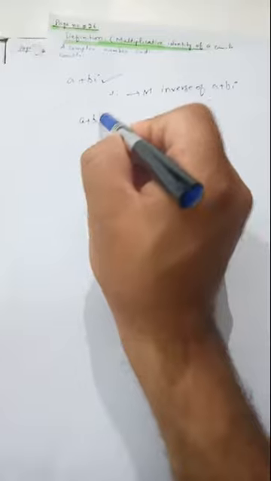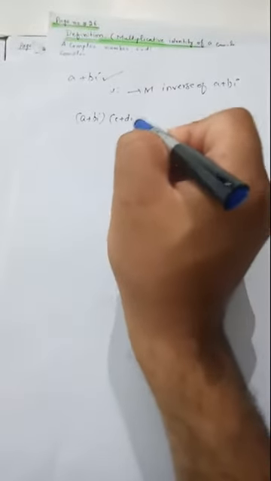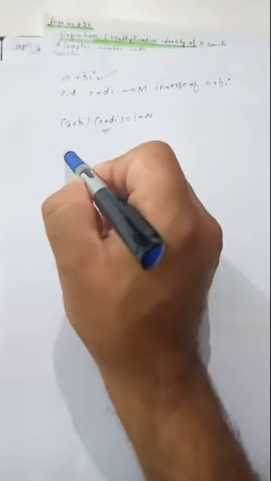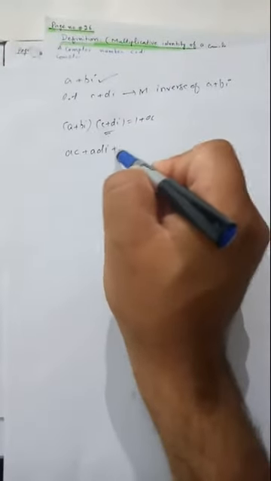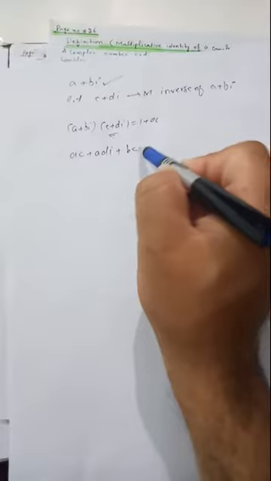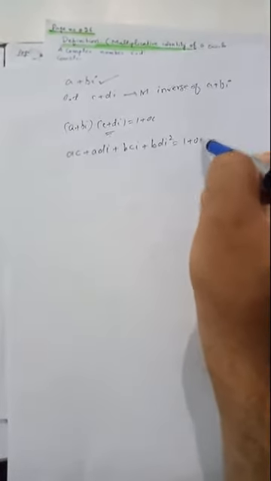So a plus b iota multiplied by c plus d iota is equal to 1 plus 0 iota. This c plus d iota is the multiplicative inverse. If I multiply this, it gives ac plus ad iota plus bc iota plus bd iota square, equal to 1 plus 0 iota.